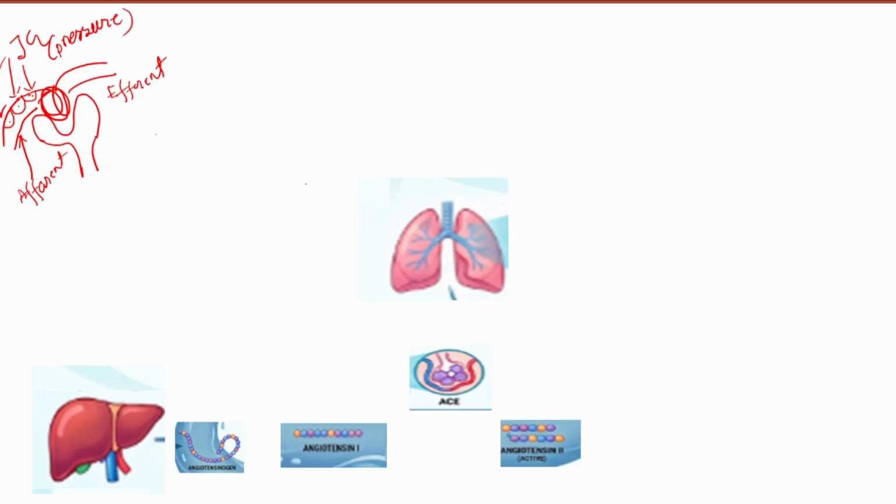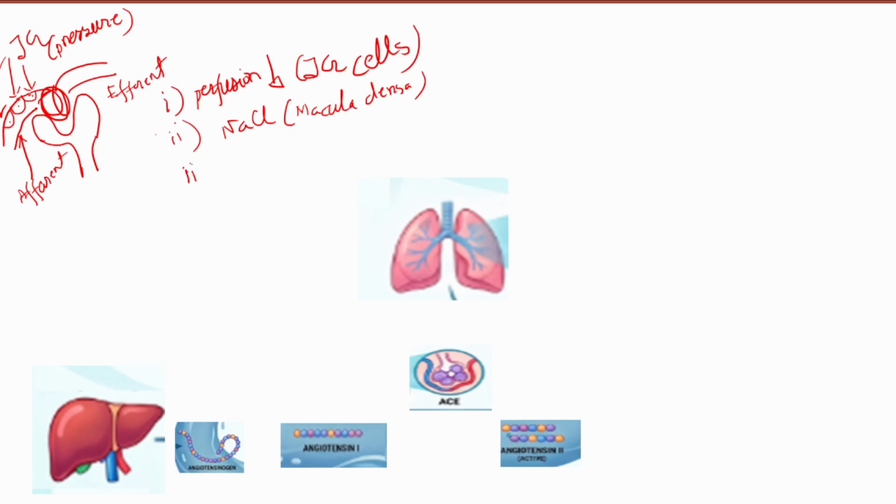When the body suffers from dehydration, hemorrhage, or heart failure, a triple trigger occurs to prompt a renin release. The first trigger is drop in renal perfusion pressure, which is detected directly by the JG cells. The second trigger, low sodium chloride delivery, is sensed by the adjacent macula densa cells in the distal tubule.